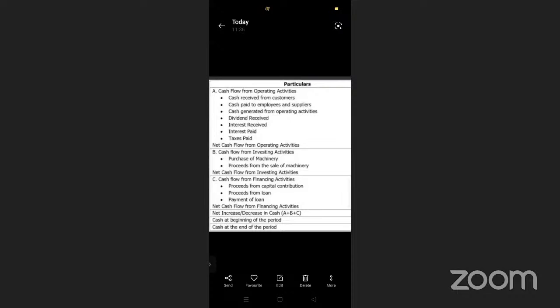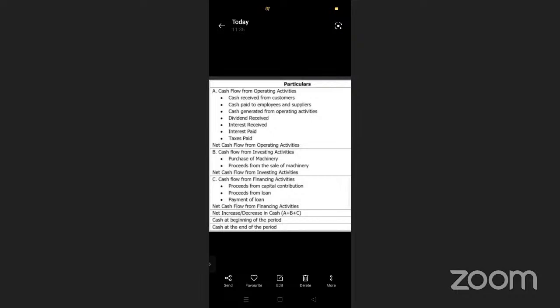Here we write both minus and plus figures under head 2, cash flow from investing activities. Whenever you are purchasing any fixed asset, cash is going out of the business. So you will write purchase of machinery, amount in brackets or as a minus figure, or purchase of land, amount in the minus figure. Whenever any asset is sold, we will receive the cash, so that will be a positive figure.